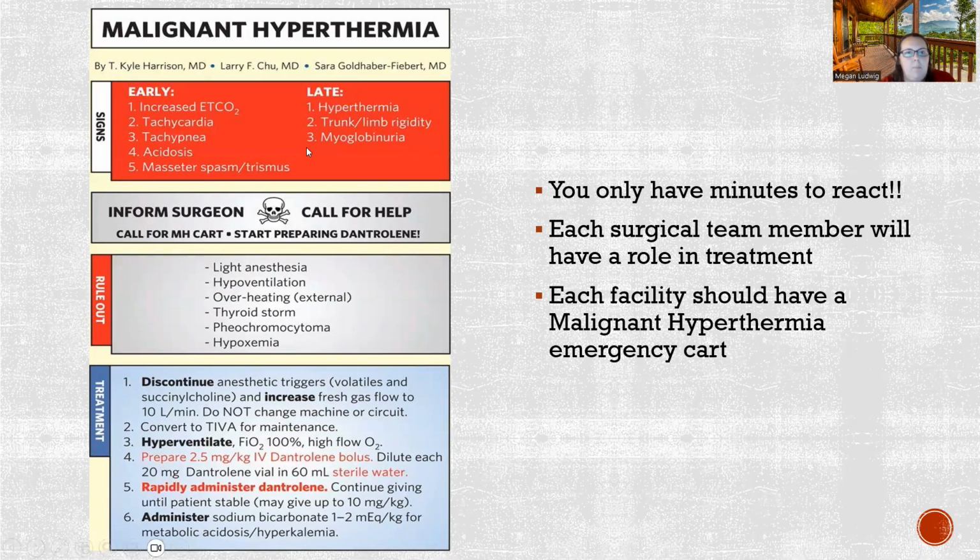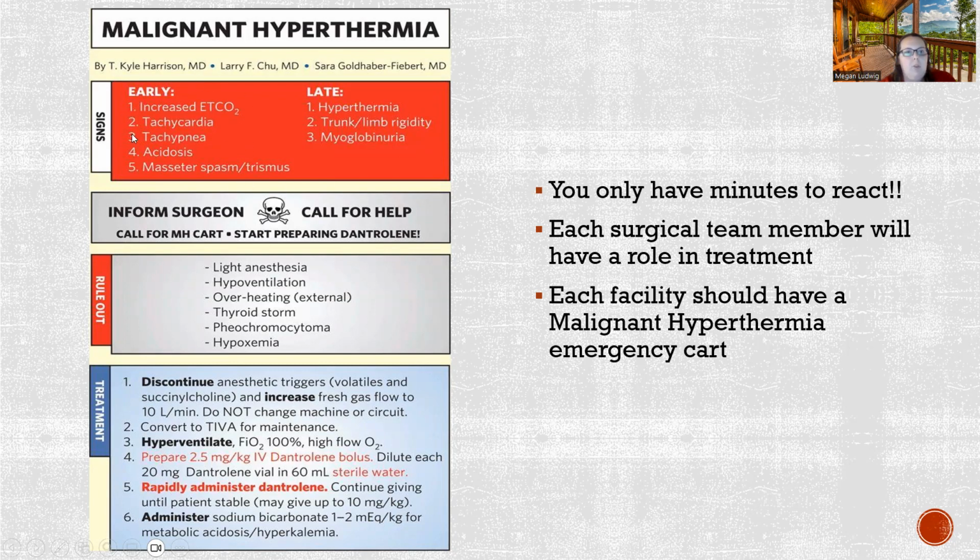Trunk rigidity, because remember, muscle spasms, right? And eventually, if you had a Foley catheter in, you could see myoglobinuria. So you're going to have myoglobin, which is from the muscle, in your urine, okay?